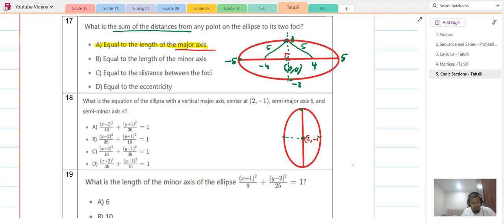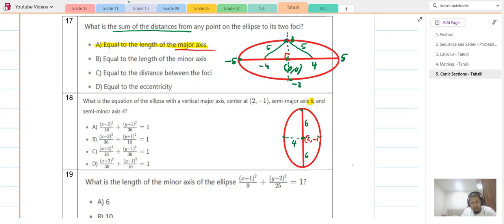Just be careful there. From the center, the semi-major axis is 6. So the distance from there to there is 6, and the distance from there to there is also 6. And the semi-minor axis is 4. In other words, they gave us the values of a and b.